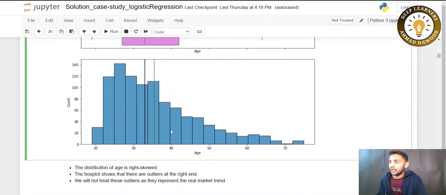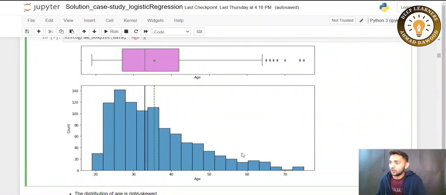When you see the distribution of the age column in the form of a histogram, you can see the frequency is decreasing, but there is more variation on the right side, with samples having age above 70. The heights represent the frequencies.